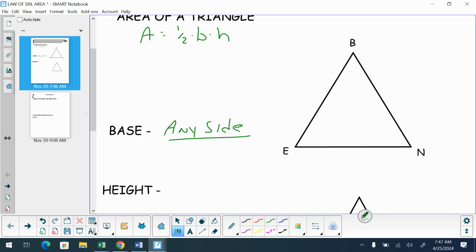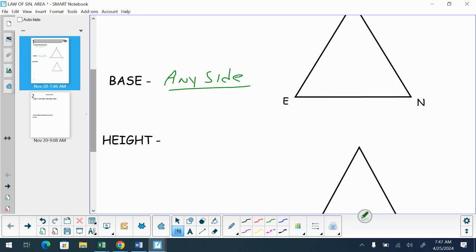We have embedded in our brain that a base is something at the bottom. Well, yeah, that works for most things, but with respect to a triangle, it can be any of the sides. It does not have to be just the bottom side.